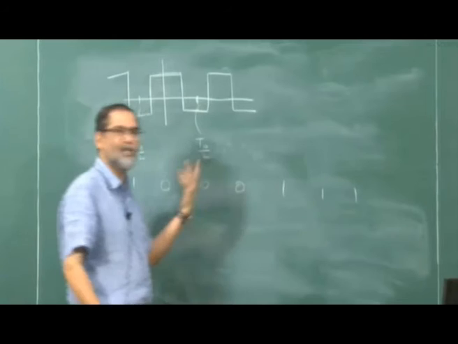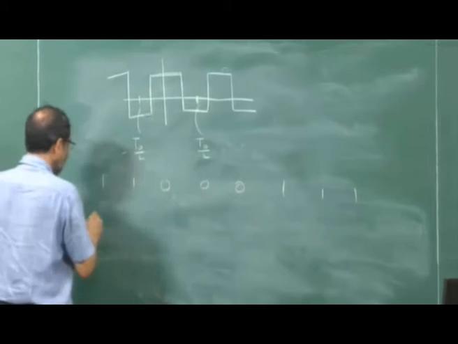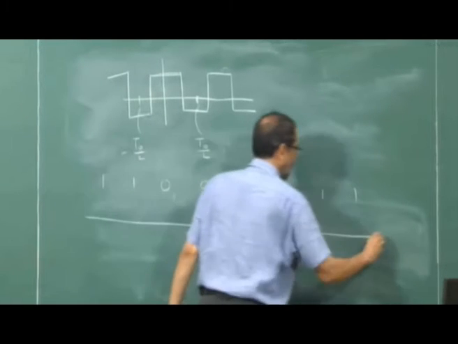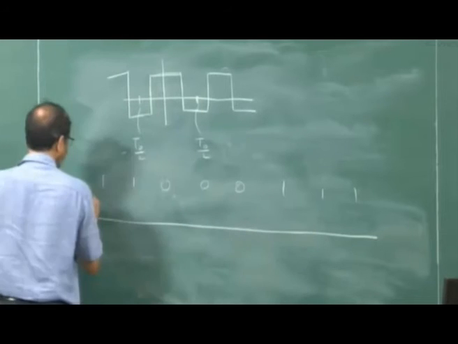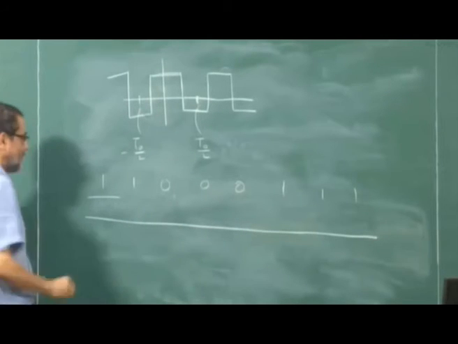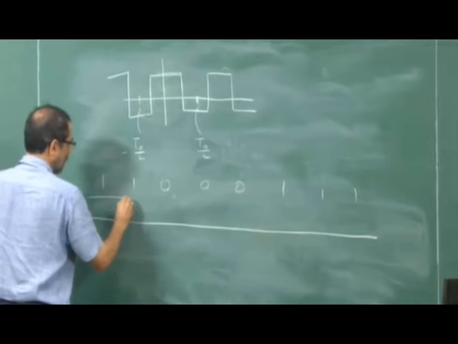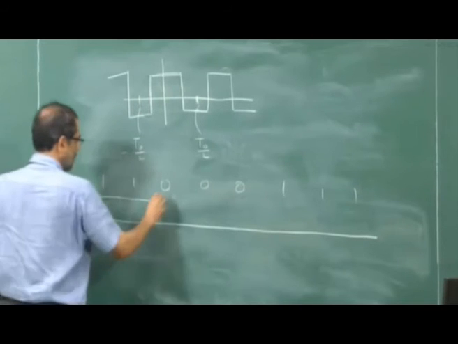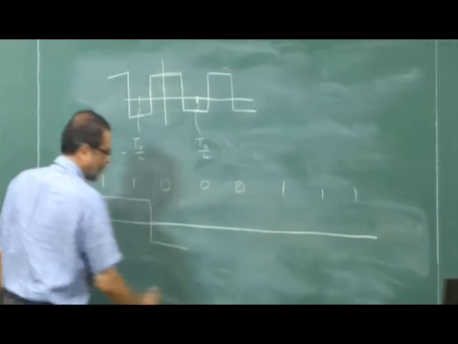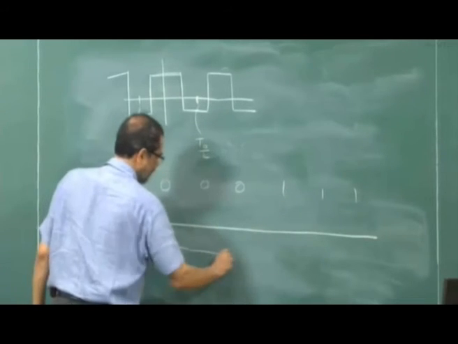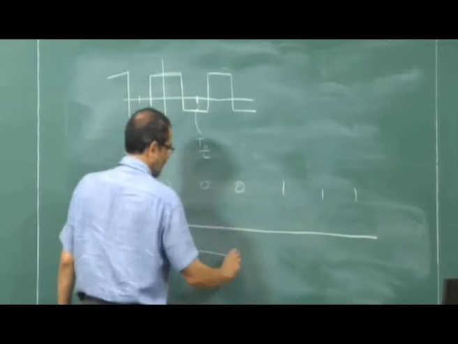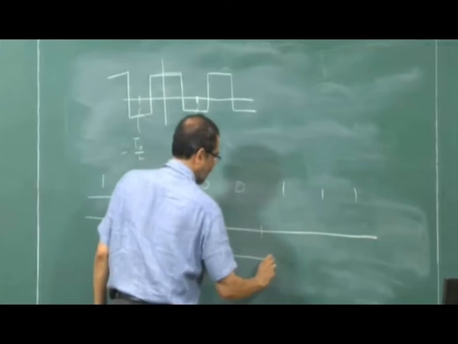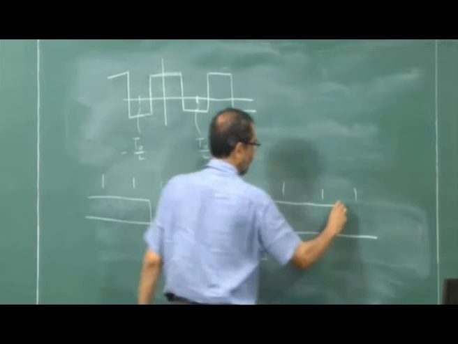So some arbitrary combination of ones and zeros are coming to you. You represent one as high for the entire duration, and another one as high for the entire duration, 0 as negative for the duration, 0 as another negative, and 0 as negative, right? Then 1 and then 1 and 1.